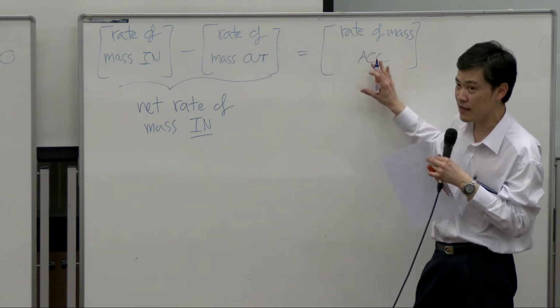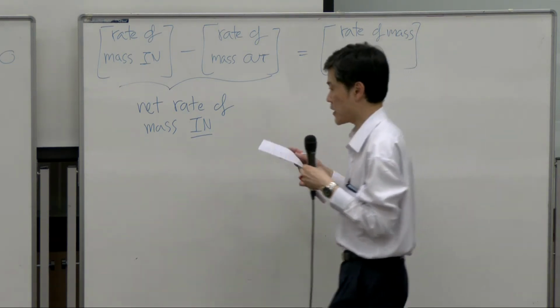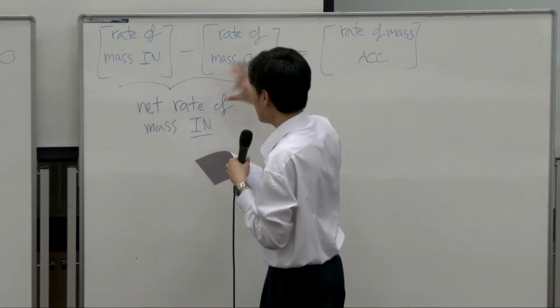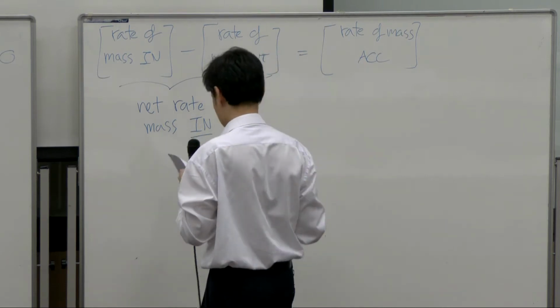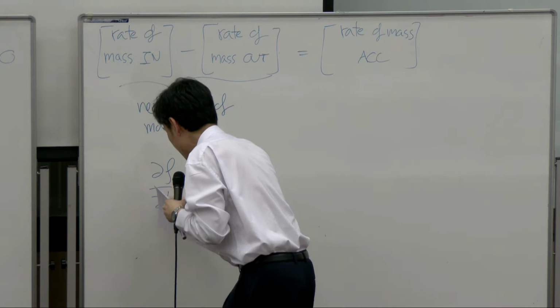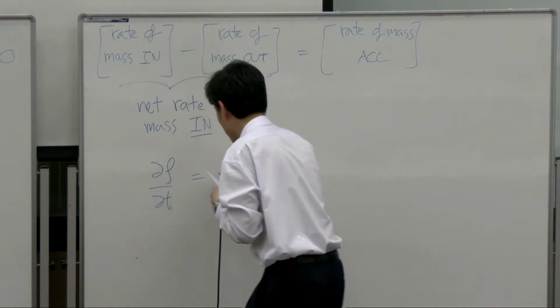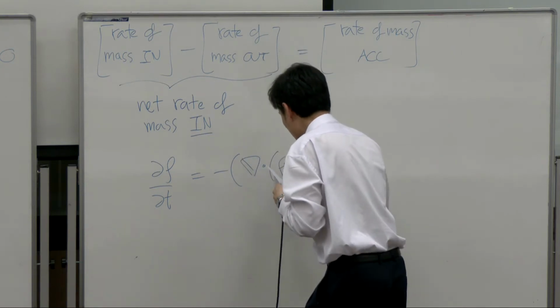If it is negative, then you have depletion of mass from the system. And in chapter 3, the equation is d rho by dt equals minus del dot rho v.